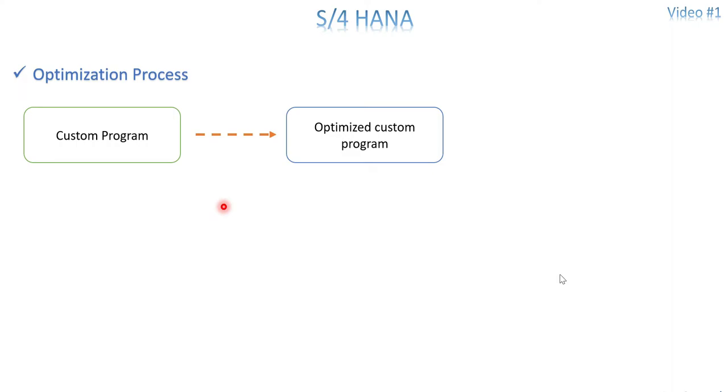Normally, we try to understand the program and modify it based on current scenarios and current syntaxes. A lot of things have changed. For example, parallel processing might not have been available at that time, so we introduce the current functionalities available to increase the performance of the program. This is a very simple idea of optimizing a simple custom program.